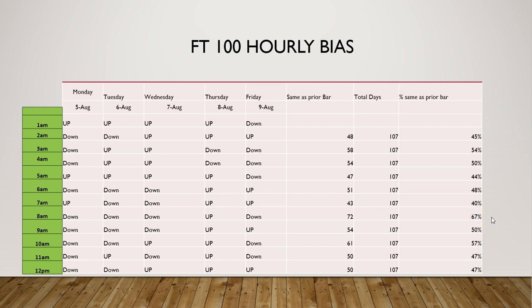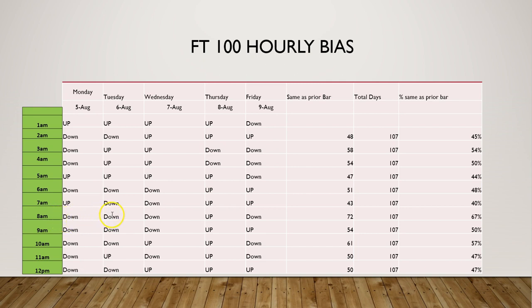Nonetheless, looking at the 7 a.m. bar, if you see that it is up, that means 7 a.m. Eastern Time to 8 a.m. Eastern Time is up, and I have close to a 70% probability that the next bar, the 8 a.m., is also going to be up.